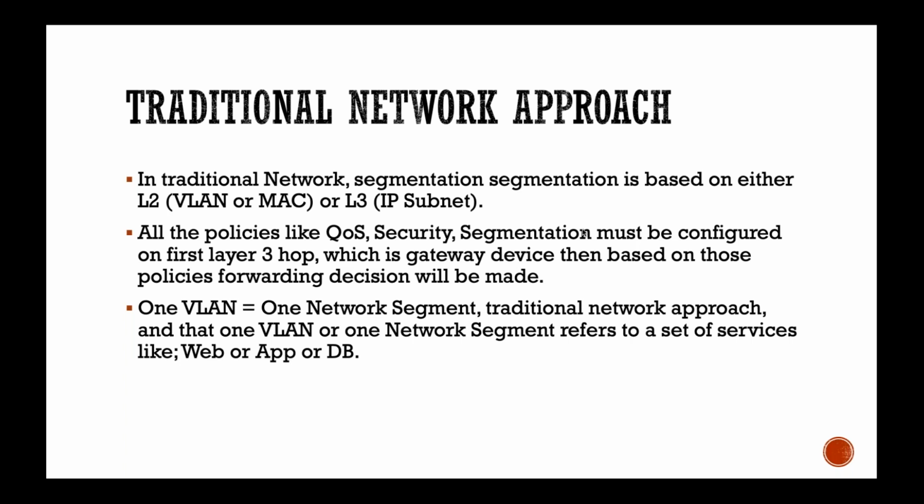How will you segment them? What is the first thing which strikes your mind? VLAN, IP subnets. Let's create a VLAN for web services and assign one IP subnet. Let's create one VLAN for app servers and assign another subnet. That was our traditional approach.